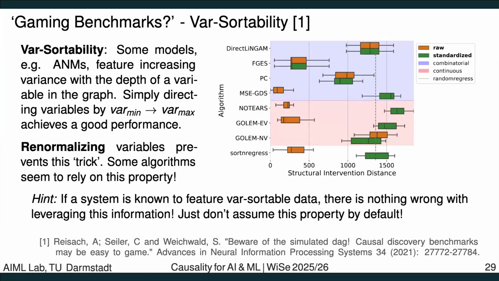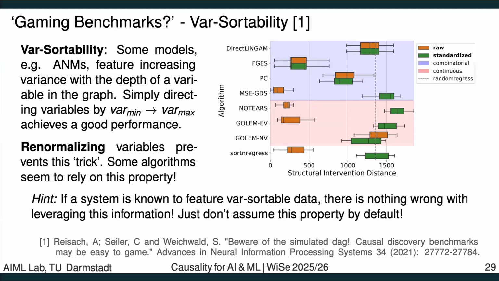And basically what they showed is that some of the algorithms, for example, FGS, LiNGAM, PC that you saw before, are relatively robust to that because they usually look at some properties of the noise terms. But some others, especially a lot of score-based algorithms, for example NOTEARS, which was really good in benchmarks before, right?